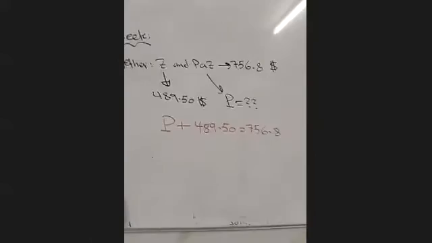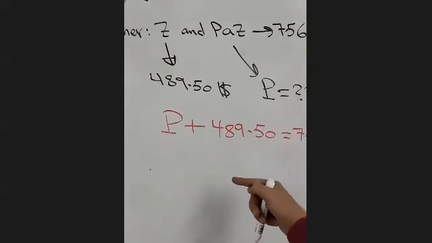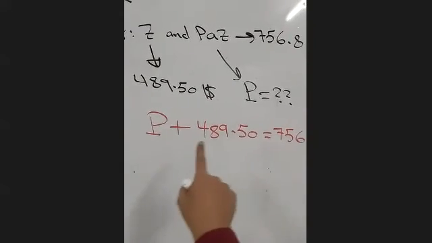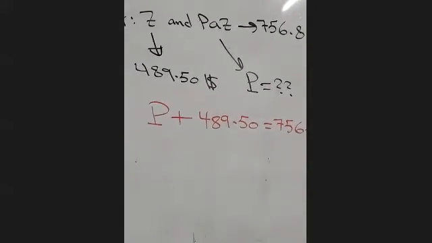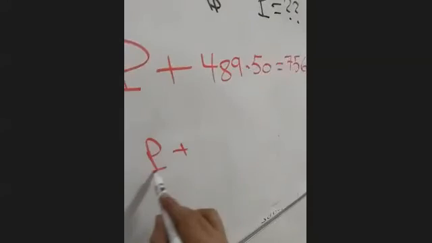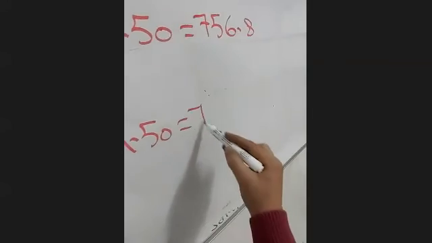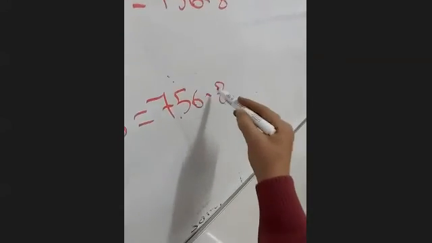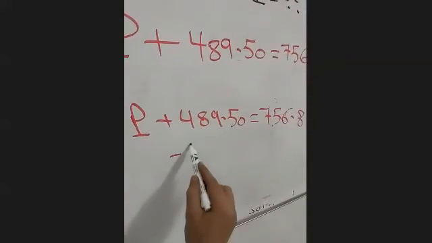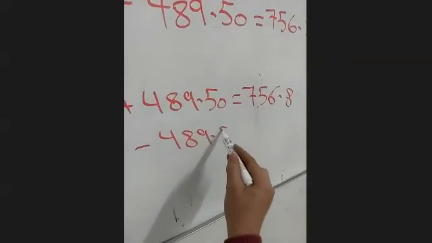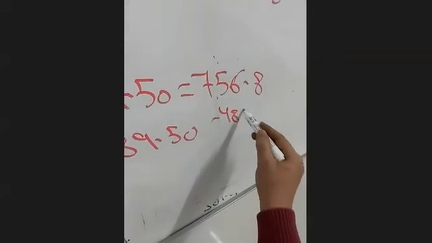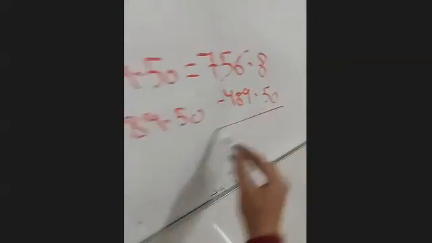How do we solve it? Rewrite the equation, then subtract this number from both sides, right? Yeah. P plus 489 decimal 50 equals 756 decimal 8. Now let's subtract 489 decimal 50 minus 489 decimal 50, line.